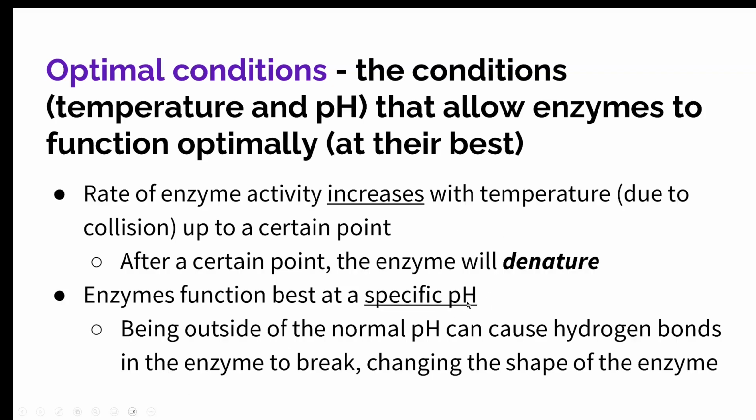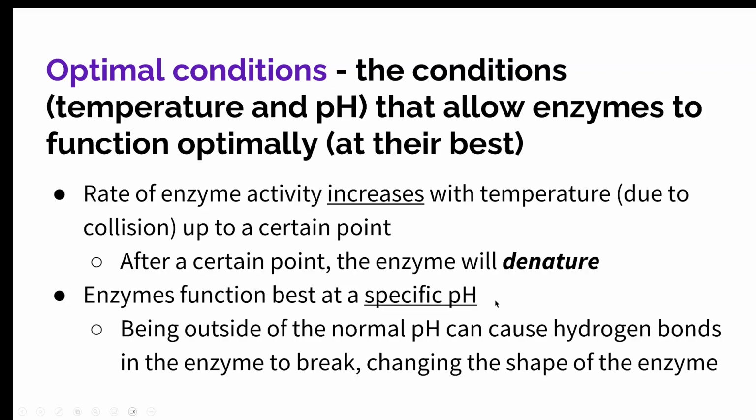Remember, pH is just a measurement of available hydrogen ions, and if you increase or decrease the number of hydrogen ions, you can definitely change the shape of an enzyme. And it really doesn't take that big of a pH change in order to upset a lot of these enzymes. I'm not talking about jumping from, let's say, a pH of 7 to a pH of 8. We're talking more of changing the pH from 7.4 to 7.3.